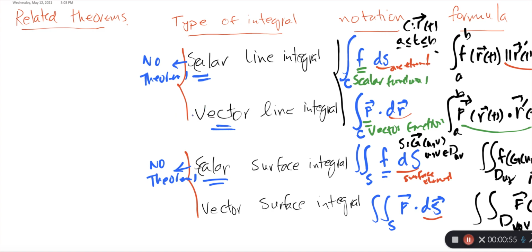And so the first one that makes the vector line integration easy is if F is conservative. And we know that we have at least two conditions that will guarantee conservative.